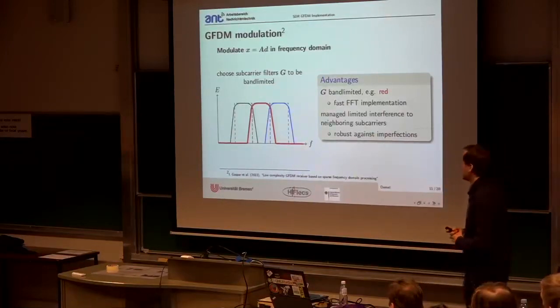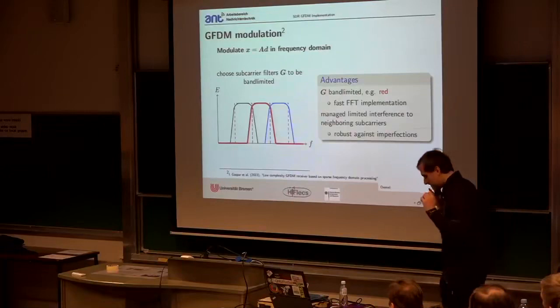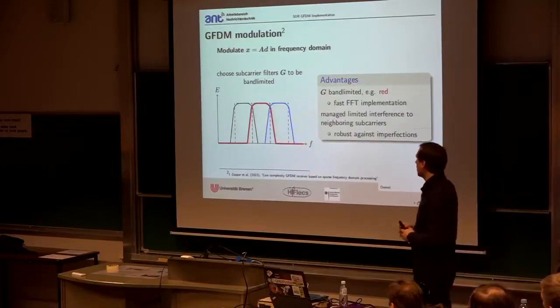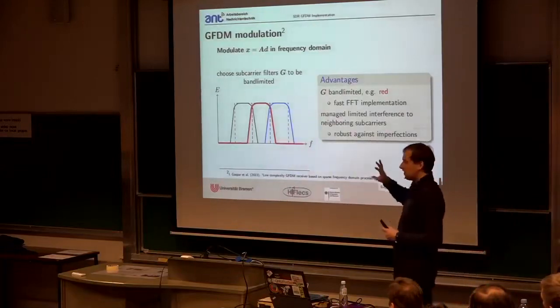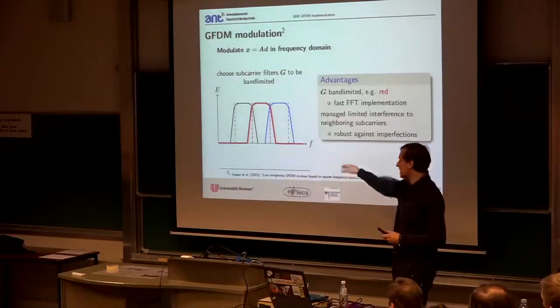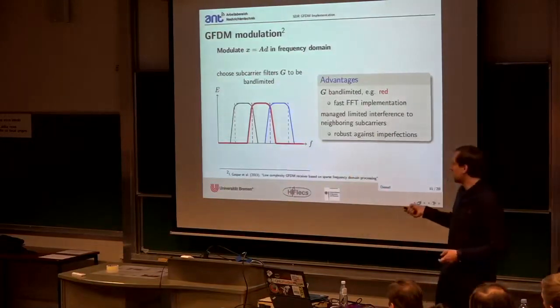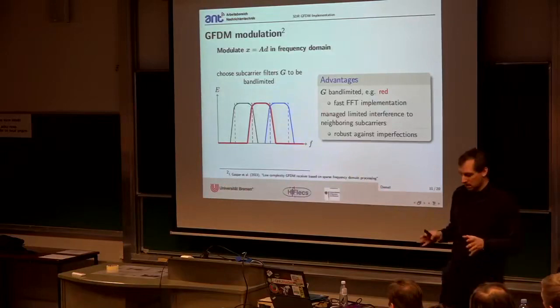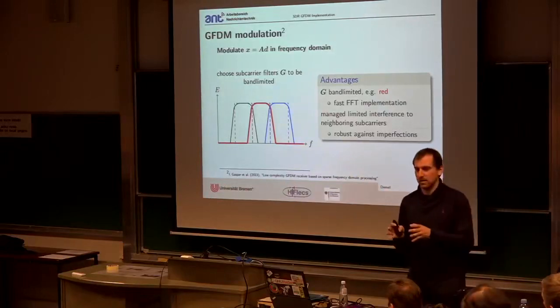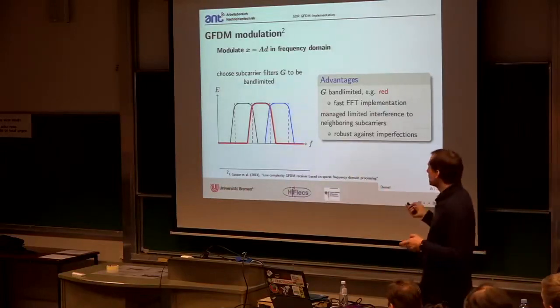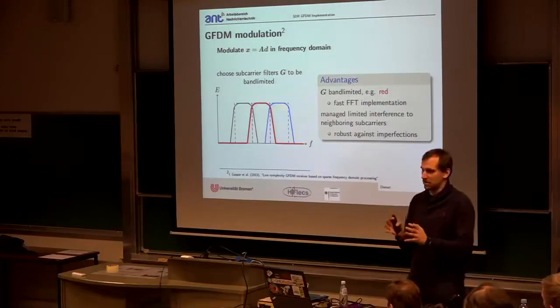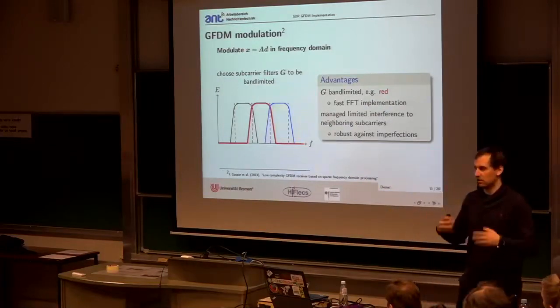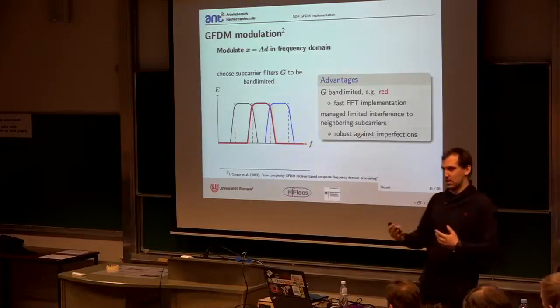Okay, that also involves a few more things. The first thing is we will always have interference with neighboring subcarriers. You can see they overlap, but we can manage this interference because with our filter design, we are now in charge of this interference, and later on in the receiver, we can cancel that out.